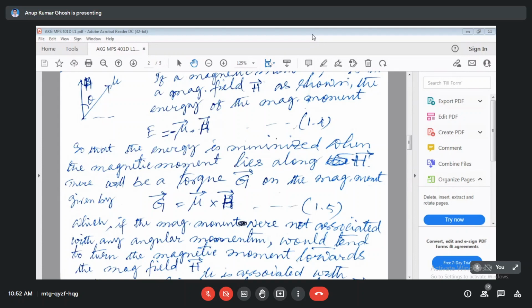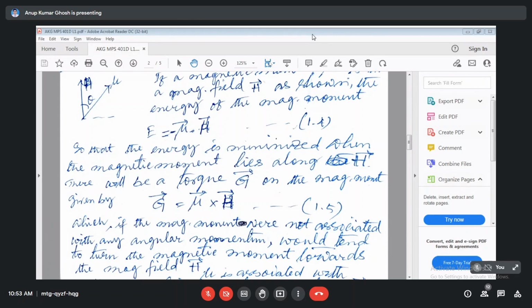When theta is minimum, that is 0, the energy will be the most stable, minus mu H. So that's why the negative sign comes. The energy is minimized when the magnetic moment lies along the H direction.